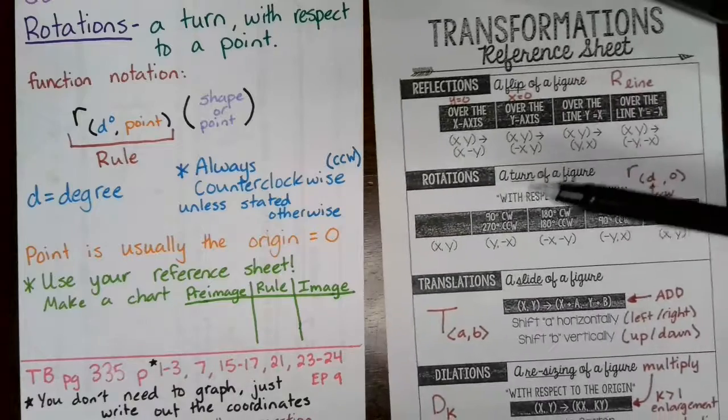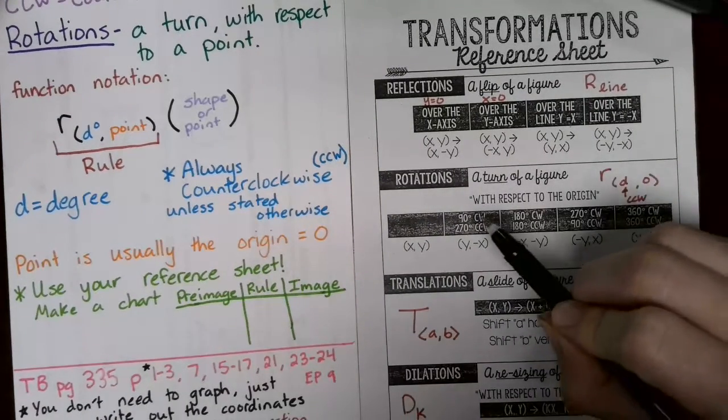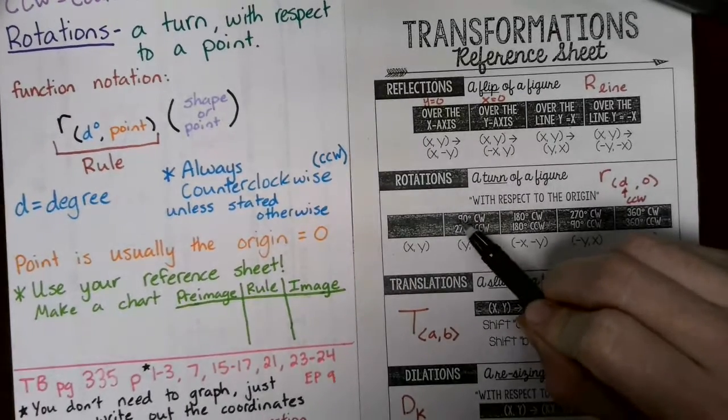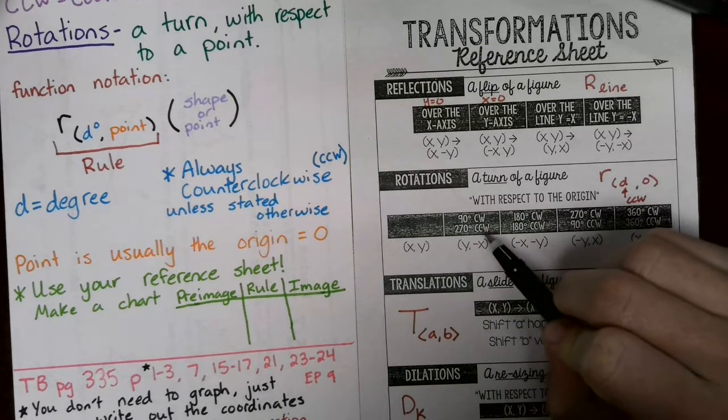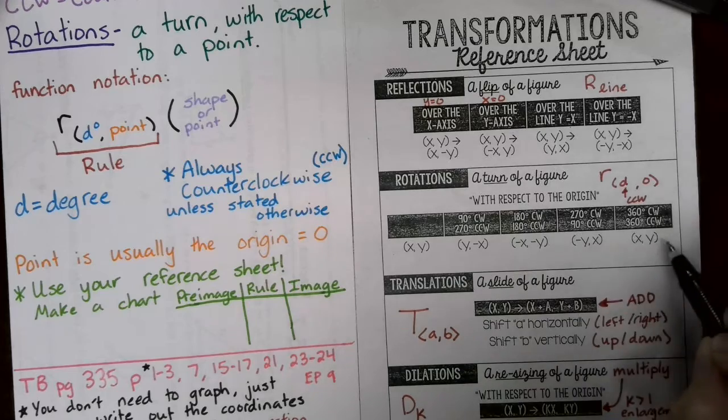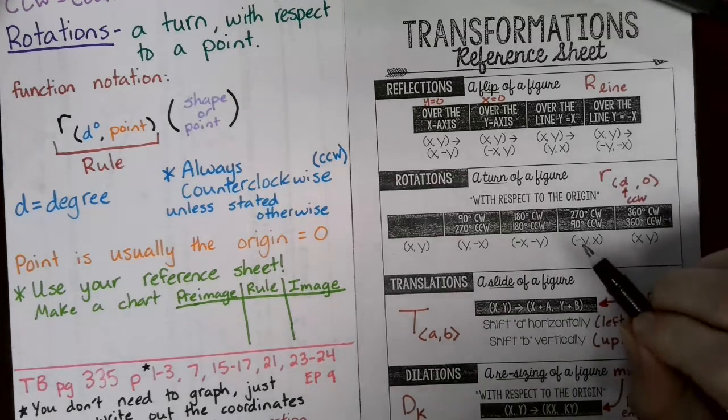Now we just follow these rules. If you notice on the reference sheet, there's two different things. 90 degrees clockwise is the same as 270 counterclockwise. We always want to use the counterclockwise unless the problem states otherwise.